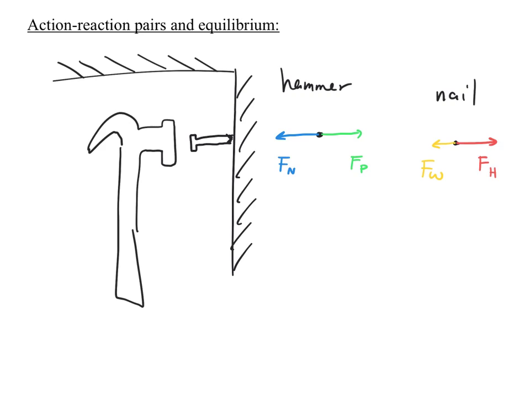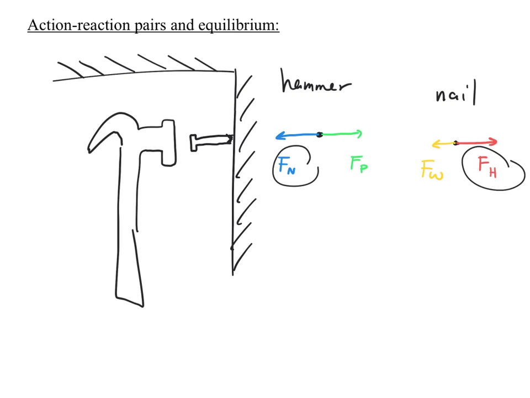So again, Fn and FH are the action-reaction pair here. Everything else going on in this arrangement has to do with external things. The wall is an external thing, a force applied against you. You holding it and physically preventing it from recoiling after the hammer strikes the nail, that's FP.